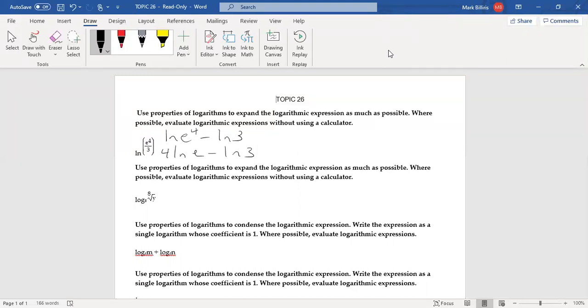Okay, the next problem, doing the same thing, we're expanding. Here we just have the log base 6 of the 8th root of y. So we're going to rewrite the radical form into a rational exponent. This is going to be log base 6 of y raised to the 1/8 power.